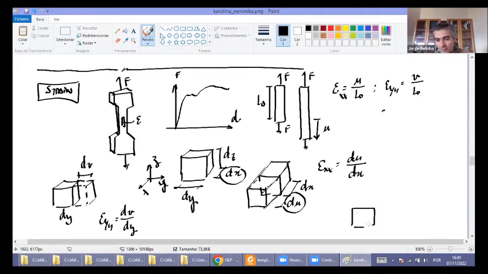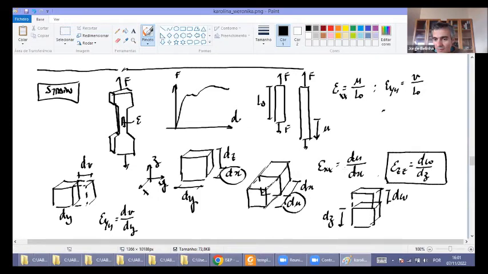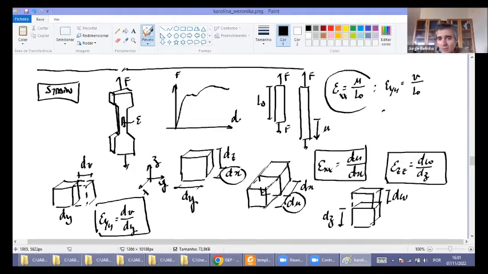And finally, if you have dz and you apply a force in the z direction, it will increase in size, and the size will be w. w is for the z direction. So you'll get this. These are the three strains that you get directly from stretching an infinitesimally small cube. It's like the big problem, but now analyzing a small cube.